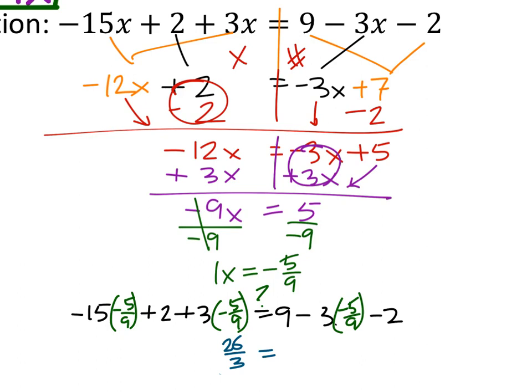So I plugged it into the calculator wrong, but after checking again, I got 26/3. Then 9 minus 3 times negative 5/9 minus 2 also is 26/3, so that's true. And since it is true, we know that this is the answer for that solution. x equals negative 5/9.